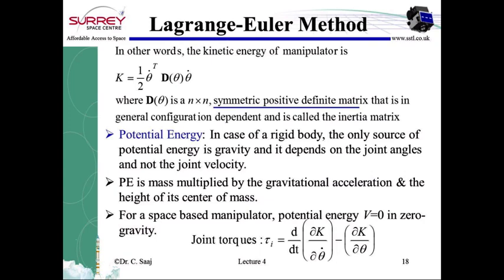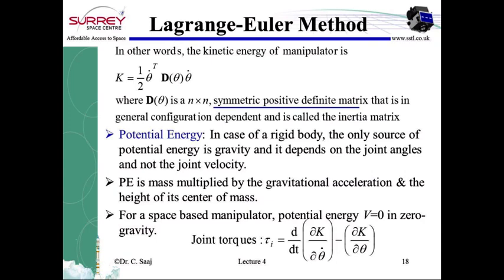If you need to consider the potential energy, we know that in the case of a rigid body, the only source of potential energy is gravity, and this in turn depends on the joint angles. Based on the value of the joint angle, the position of each of the links would change, which means the height of the center of mass of each link will change based on the corresponding joint angles.